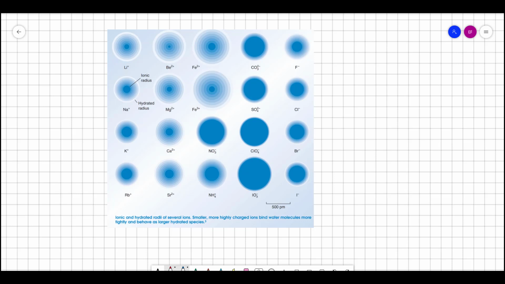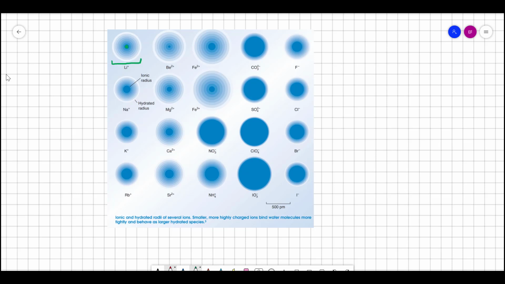So look at lithium. Lithium's this tiny, tiny ion on the periodic table. It's one of the smallest cations we can have aside from a proton, from the hydrogen ion itself. So you've got this tiny little core here in the center. That's lithium. But the sphere itself is huge. Why is that?